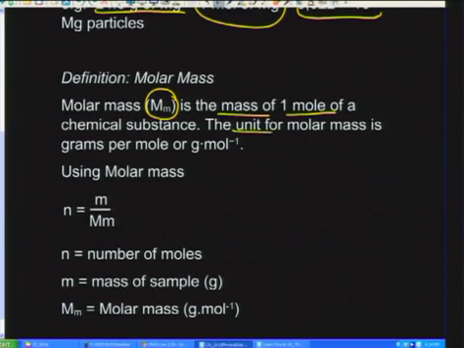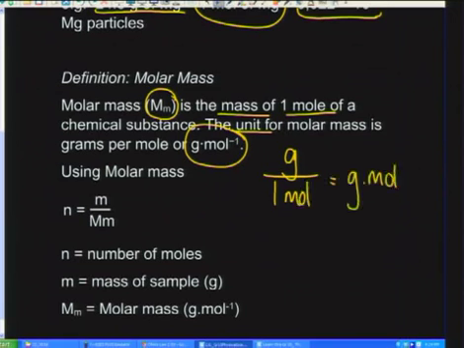The unit is measured in grams per mole, because we're saying there are so many grams in every 1 mole, which is the same thing as saying grams multiplied by mole to the power of -1. Grams per mole. Now, we can use that molar mass significantly in an equation.